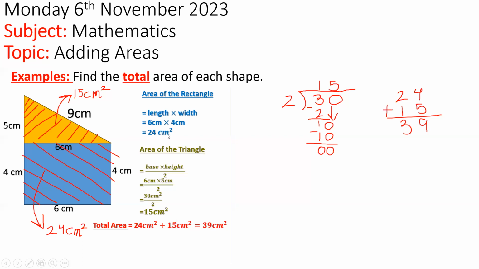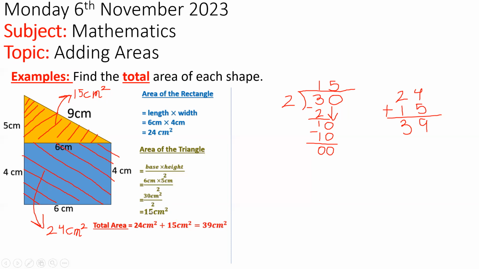Then you have to find the area of the triangle, which would be base times height divided by 2. So the base would be 6 cm times 5 cm divided by 2, which would give you 30 cm squared divided by 2.